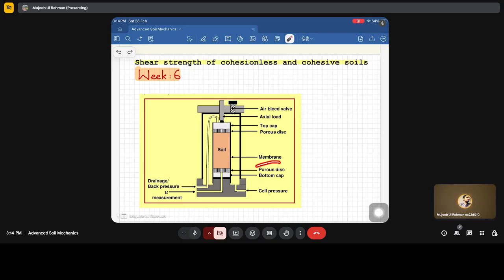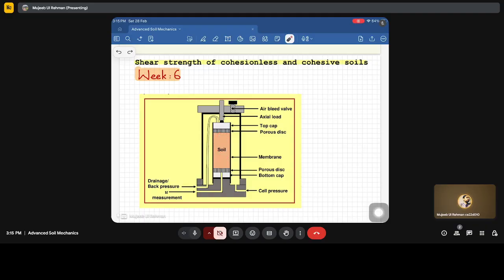This porous disc allows the dissipation of the water, and over this porous disc we used to have a sheet of paper that covers it so that the particles of the soil should not get trapped in the porous disc. I forgot the name, but yes, there used to be a kind of paper used for covering this porous disc. Then between these porous discs we have the soil sample, right?